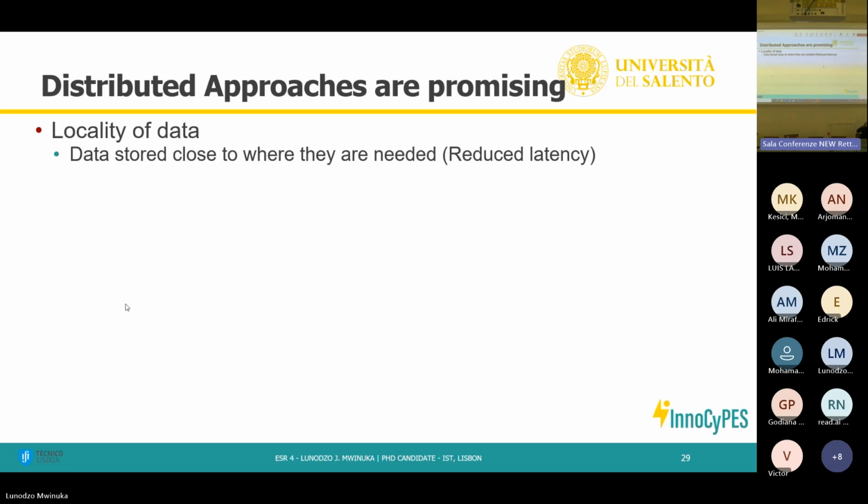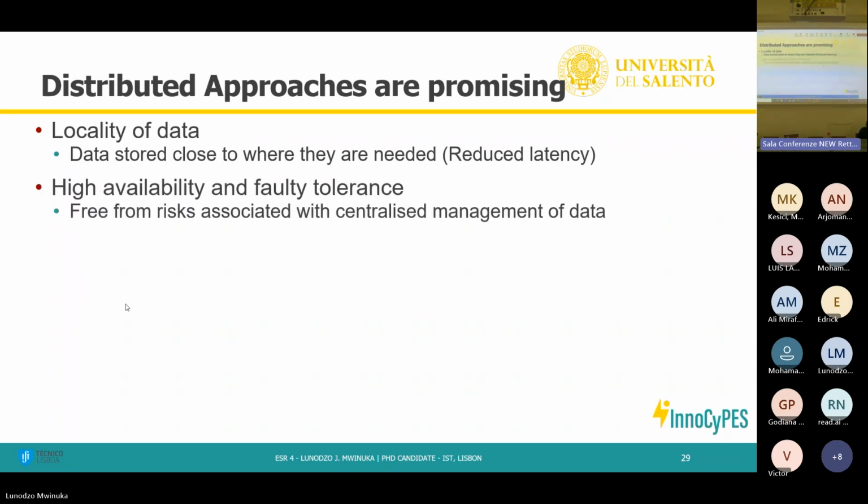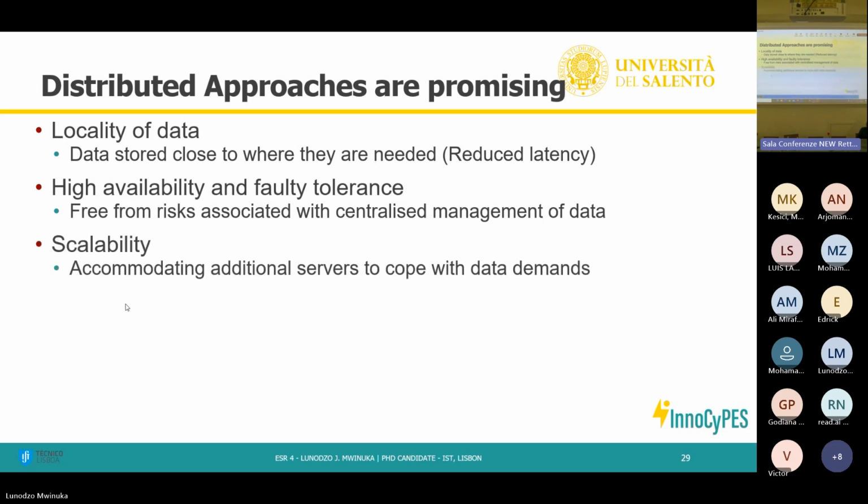So when we store data close to where it is needed, we are highly reducing the latency. But also with distributed systems, we are ensuring high availability of the system, but also fault tolerance. Fault tolerance with the fact that we do not rely on a single machine to manage the data.